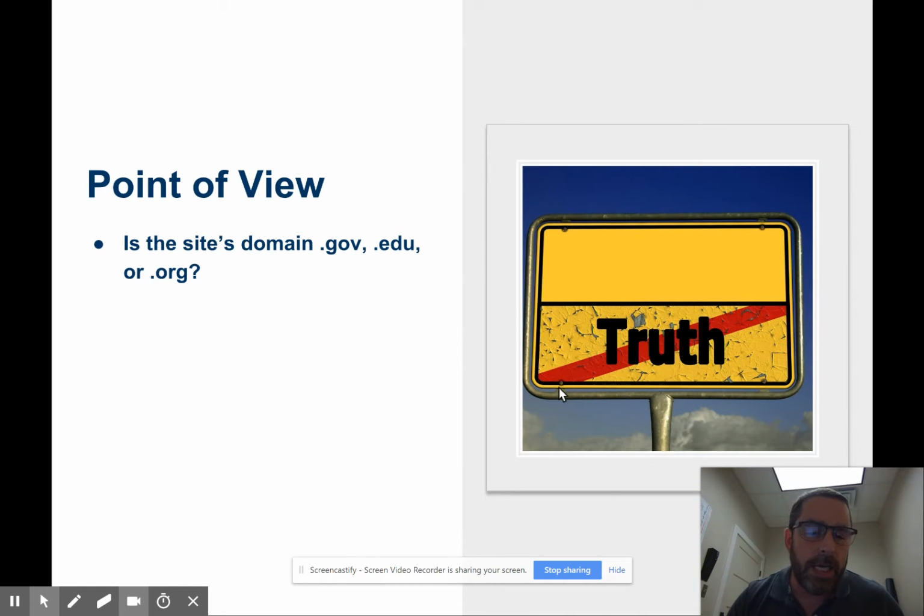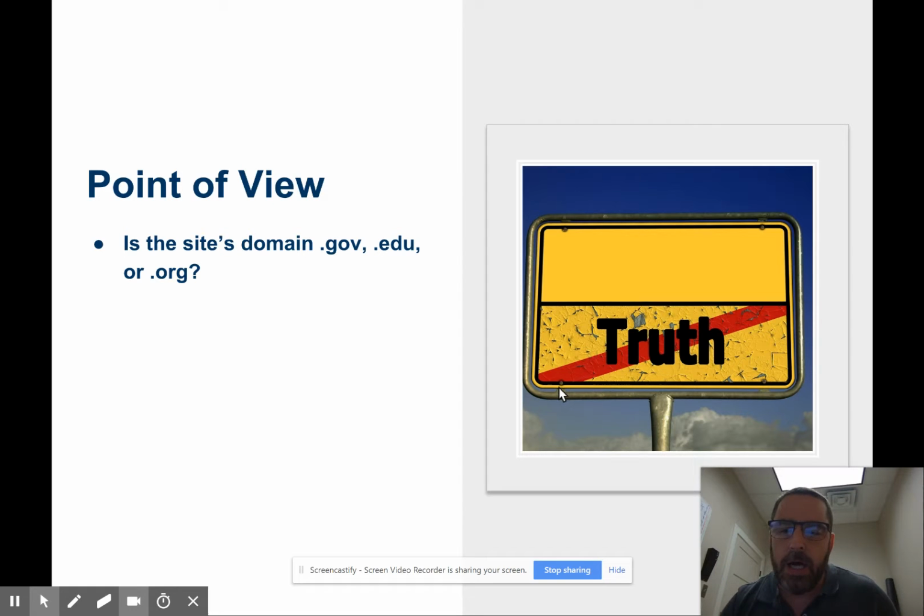And .org is an organization. It's usually a nonprofit. With that one, you do have to be careful, because nonprofits usually have their own agenda. Some of the information might be objective, but they might only present the evidence that supports their side of it. So you're going to have to balance it by looking at the other side of the issue, or for more objective sites.